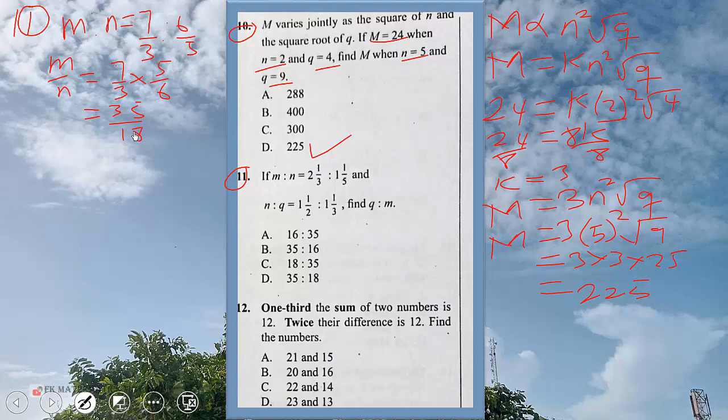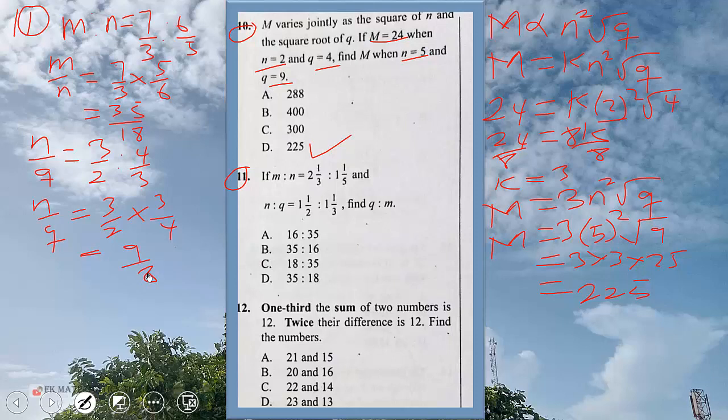Then we're also given that n over q will be equal to 3 over 2 is to 4 over 3. So n over q will be equal to 3 over 2 times 3 over 4. So this will also give you 9 over 8.